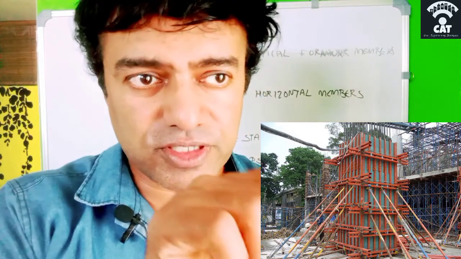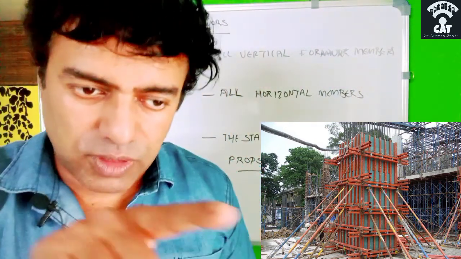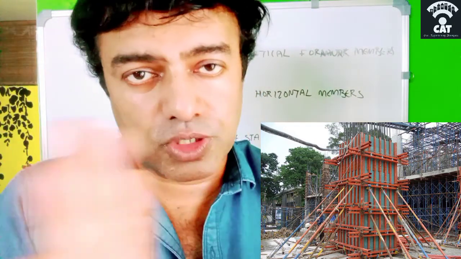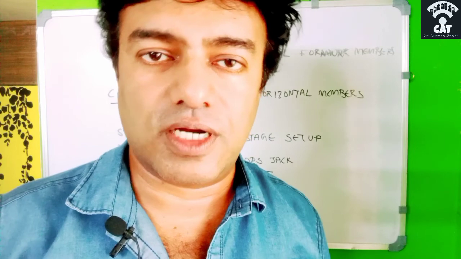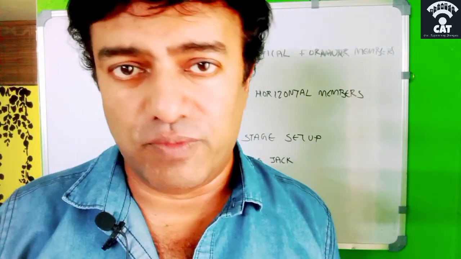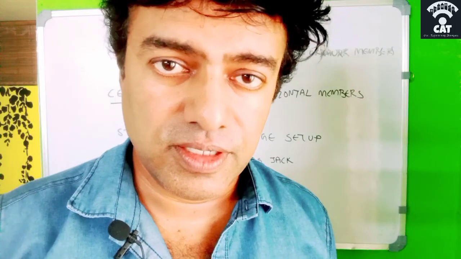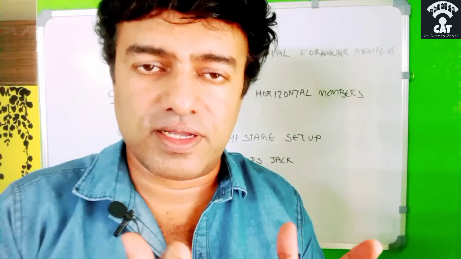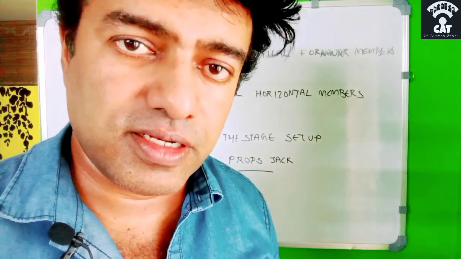Wherever that vertical member comes, even if it is a beam, you can see a beam has got four sides. On the left side and right side, it has vertical members. That part is only called shuttering. We cannot use shuttering as a general term for all kinds of formwork in civil construction. So again I am telling, the side formwork is only what we can call shuttering.